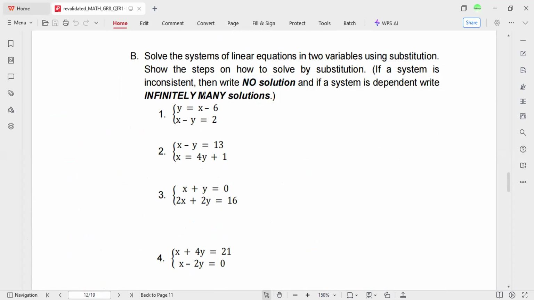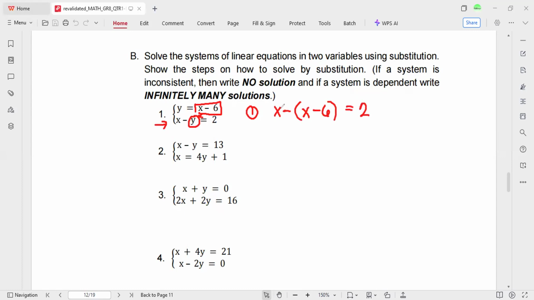Okay, so number 1. We already have y equals x minus 6. So again, on the second equation, x minus y equals 2, change your y here into x minus 6. So we'll have x minus x minus 6 equals 2.